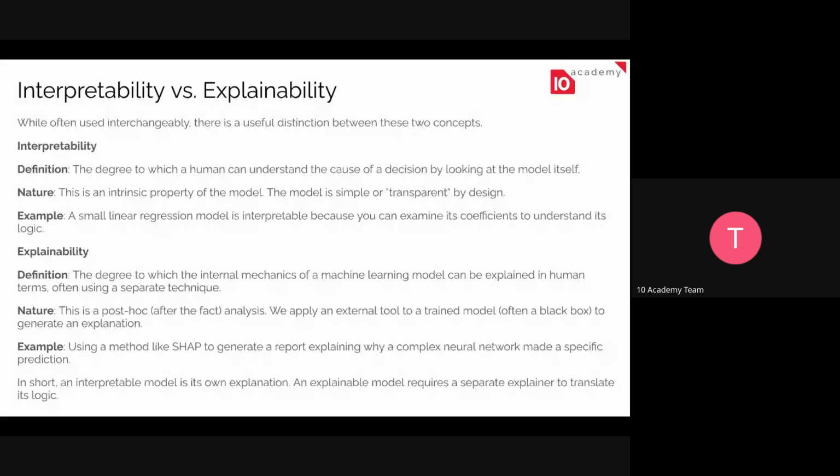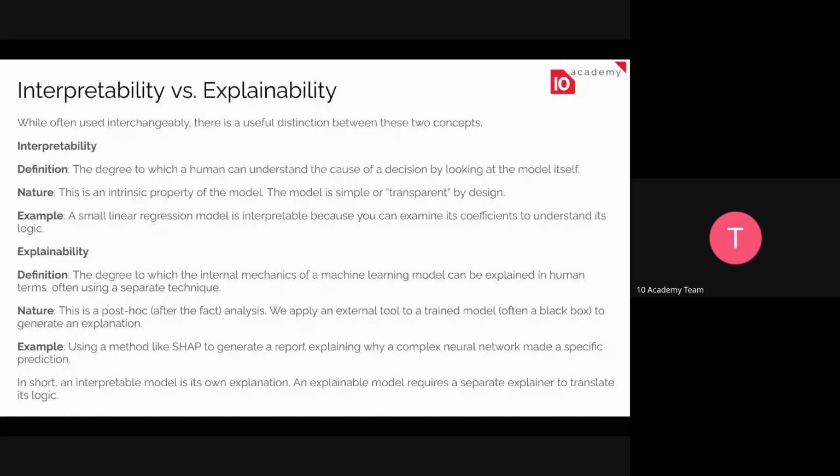And explainability is the degree to which the internal mechanics of the machine learning model can be explained in human terms, often using a separate technique. The model itself may not be enough for explainability, so we can use a separate technique such as LIME or SHAP.